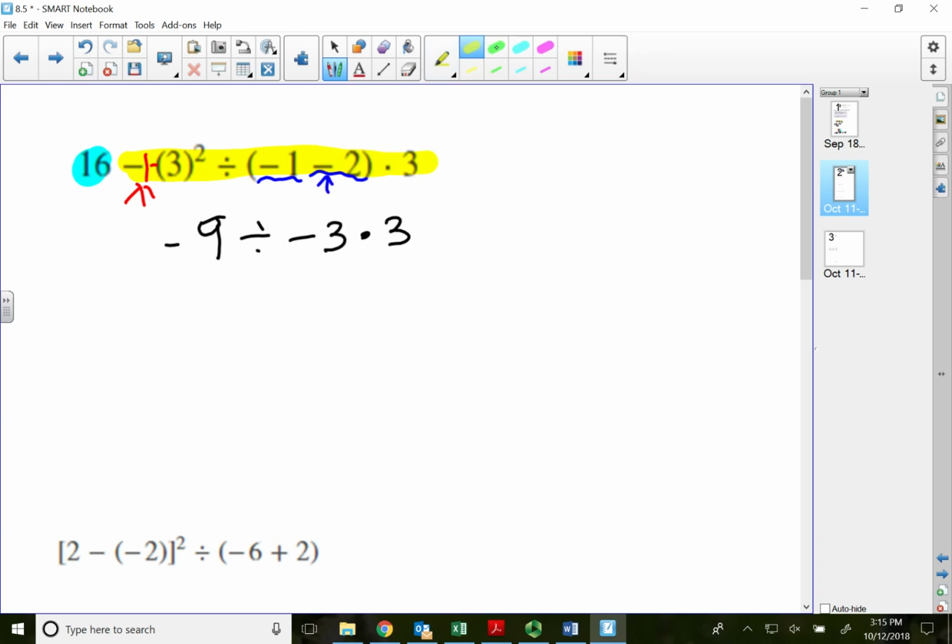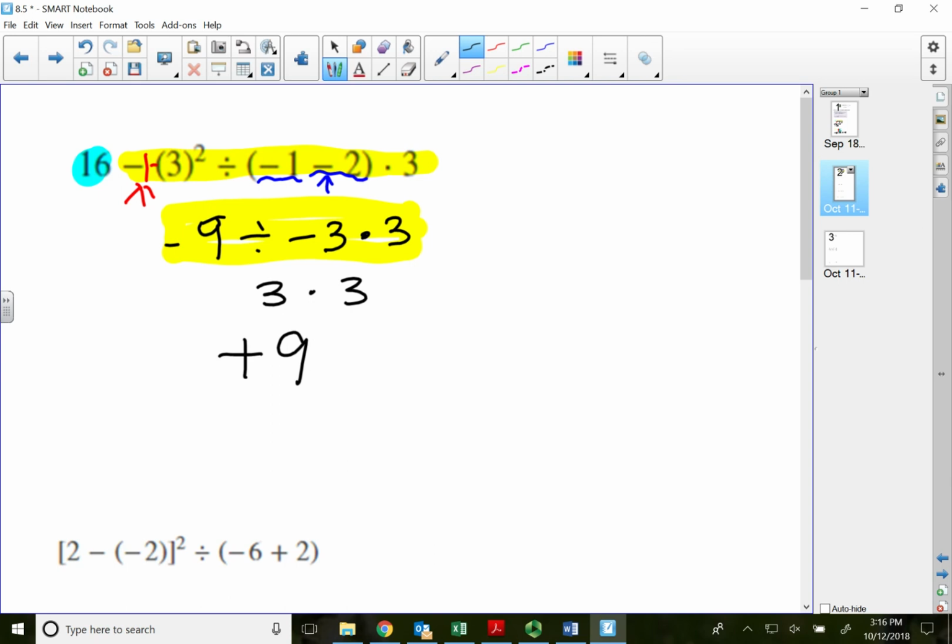All right, so this is still my second term. The only thing I have is multiplying and dividing, so we do this from left to right. Negative 9 divided by negative 3 is going to be a positive 3. A positive 3 times that last positive 3 is going to be positive 9. So this answer is coming from the second term, and I have to have a sign go with that term.